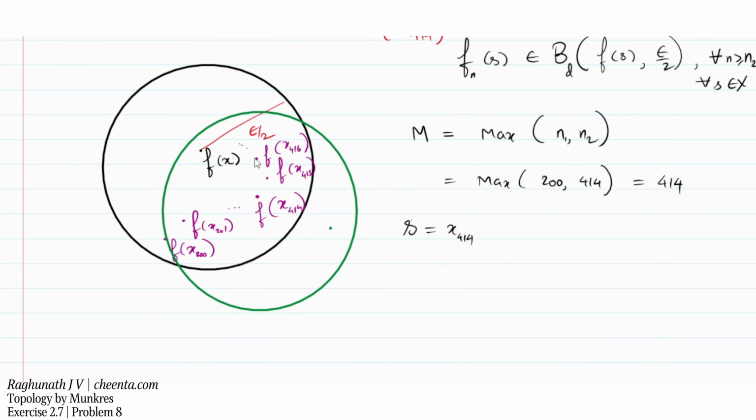So around 414, if you construct the epsilon by 2 ball, that should have the point f414 of x414, because for all n greater than or equal to n2, it must be present in the open ball.